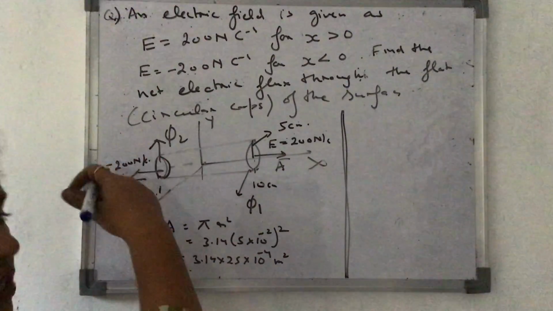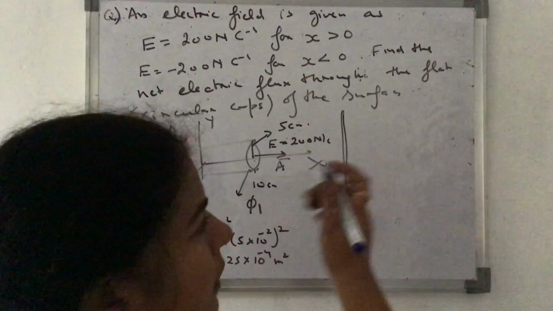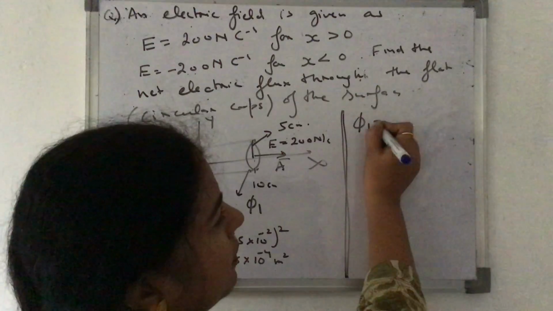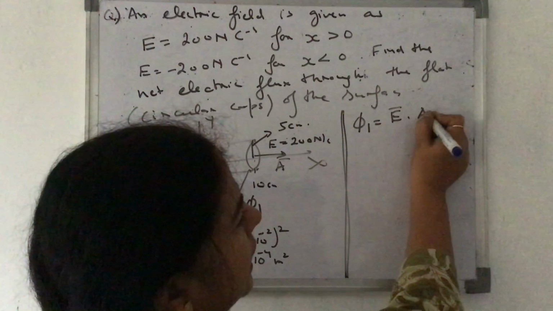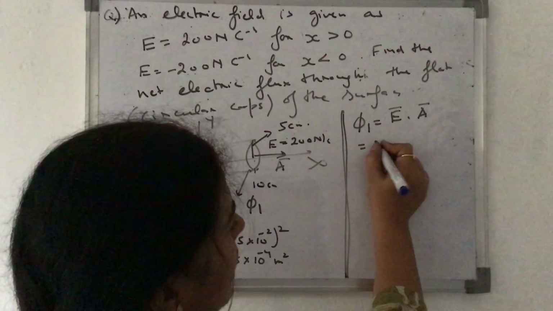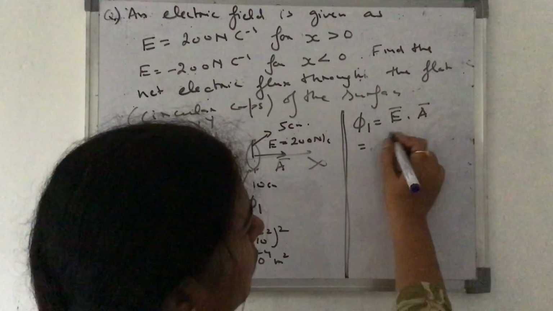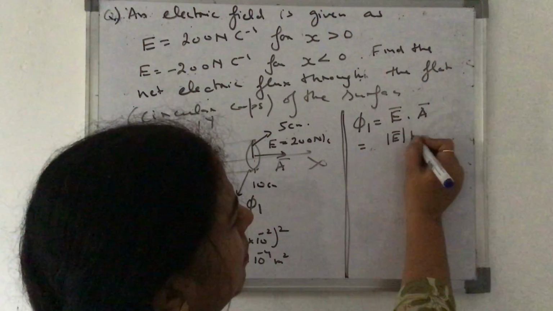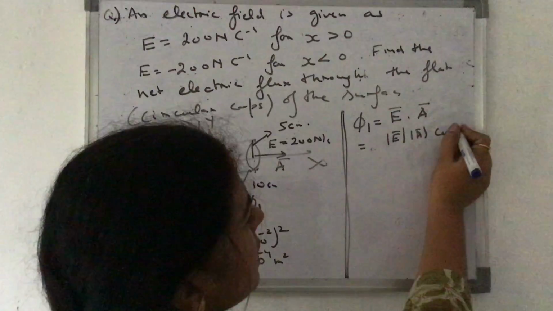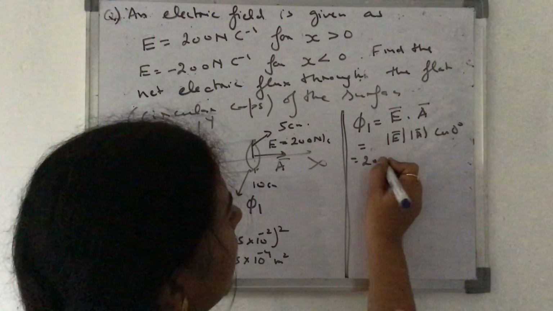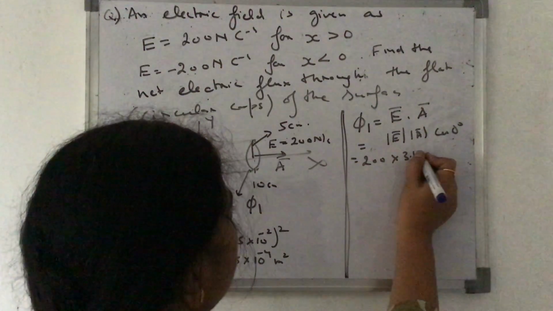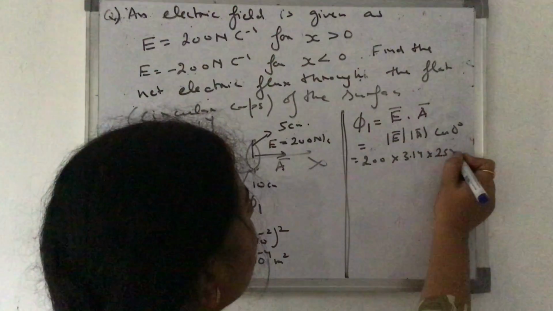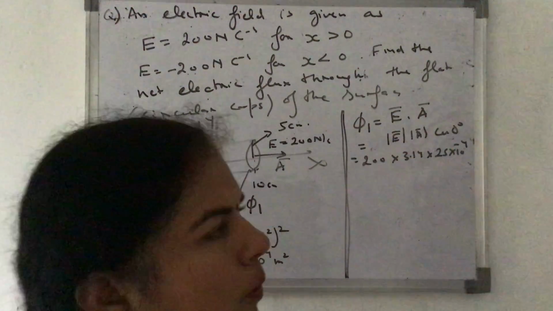It is just a continuation, similar to the way we did the previous question. Phi 1 is equal to E dot A. The value of E is known to us, it is 200. Magnitude of E, magnitude of A, cos of 0 degree, so it becomes 200 into 3.14 into 25 into 10 raised to minus 4, this value.